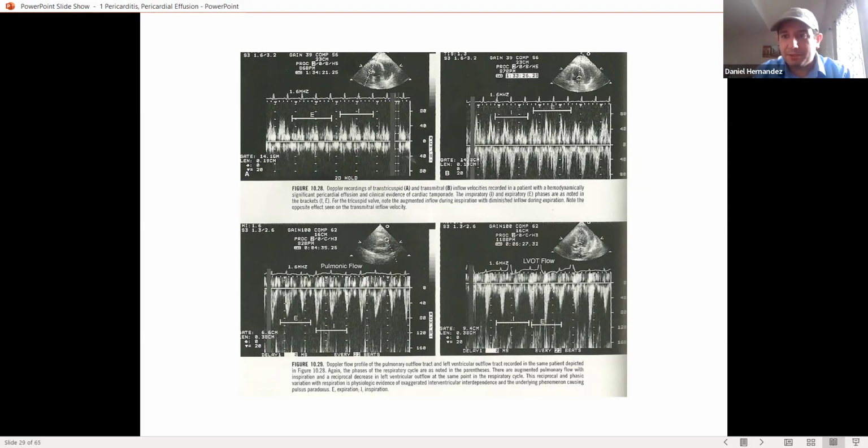But then just go back to that little schematic that I gave you about pulsus paradoxus: even though we have increased flow on the right side of the heart and blood flow going to the lungs, it actually decreases pulmonary output because more of that blood flow is just being accumulated in the lungs as the lungs expand. So we have reduced cardiac output on the left side of the heart during inspiration.